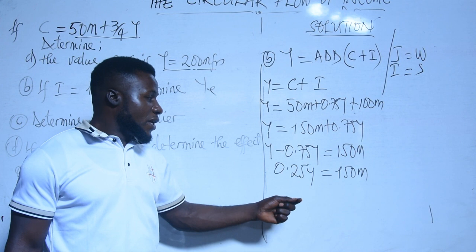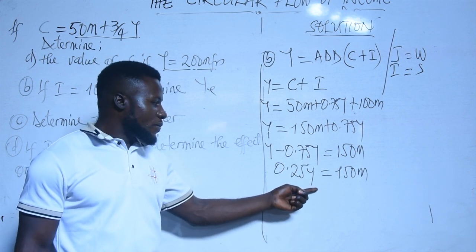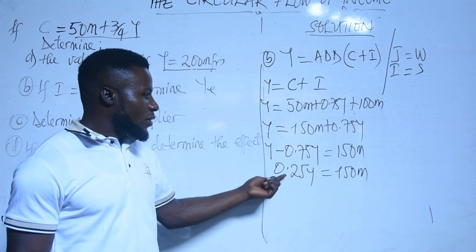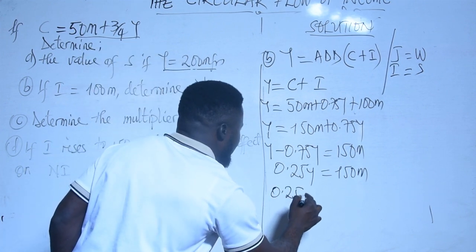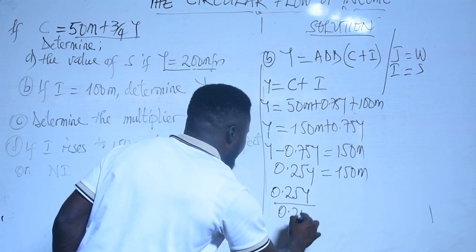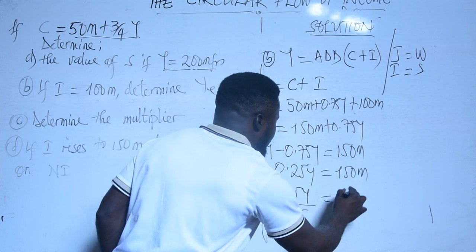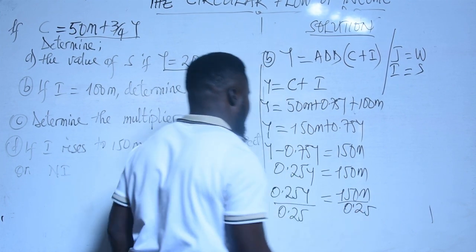We were looking for the equilibrium income, so we divide all through by the coefficient of Y, which is 0.25. So 0.25Y divided by 0.25 is equal to 150 million divided by 0.25.